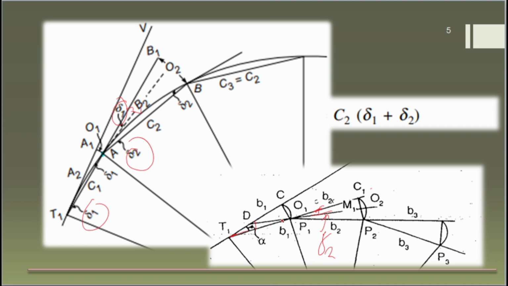So here we'll have our angle as the deflection angle 1. The total deflection angle found in this figure here on the second part where our C2 is found will be deflection angle 1 plus deflection angle 2.